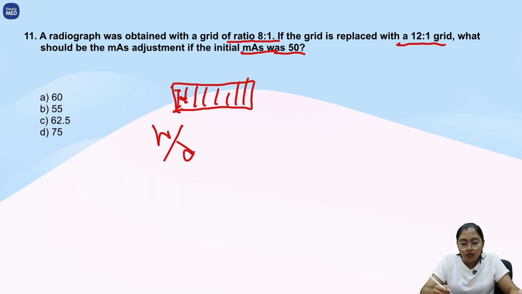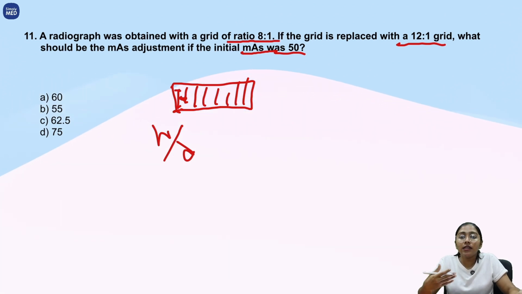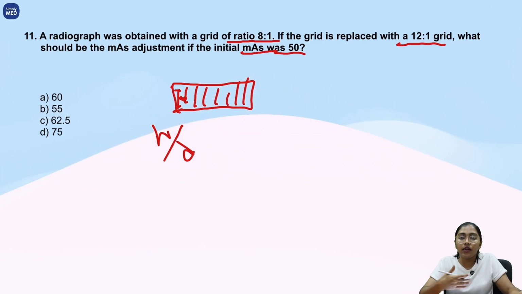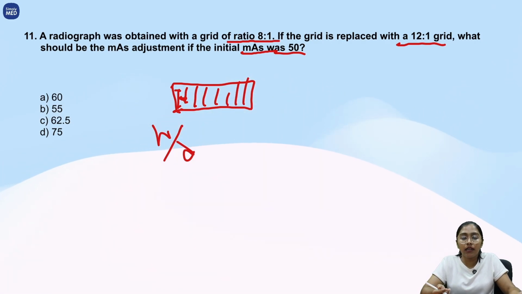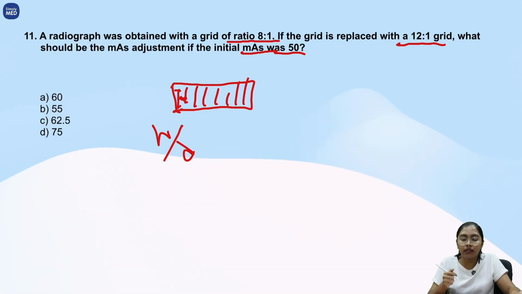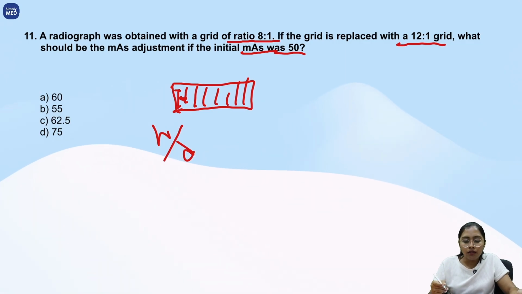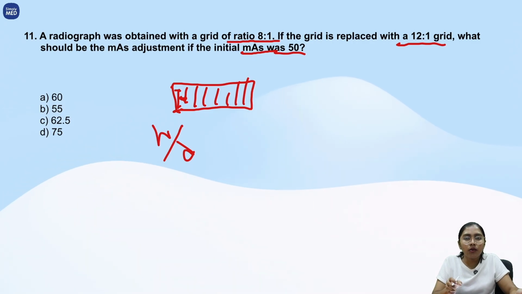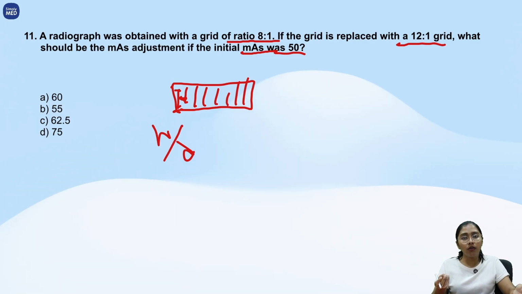If the grid ratio is higher, its performance will be better for sure, and more scatter radiation will be absorbed by that grid. But along with the scatter radiation, the grid could also absorb some amount of primary radiation, the useful beam also.